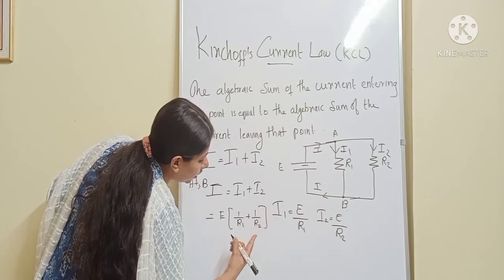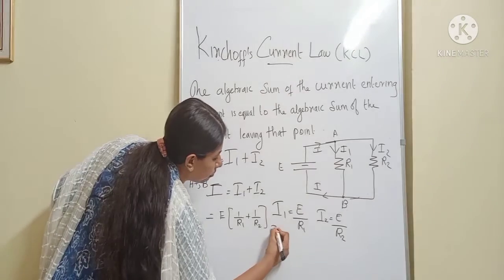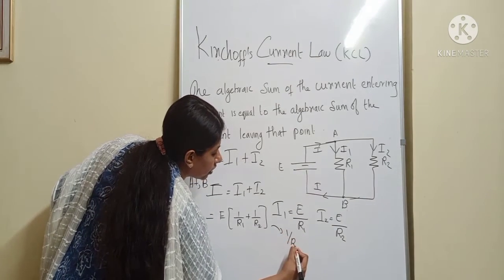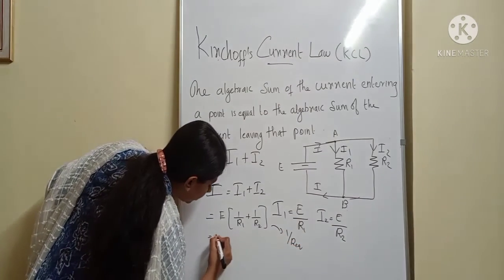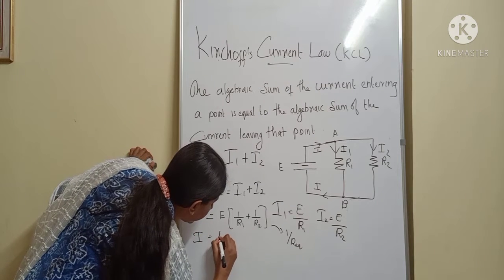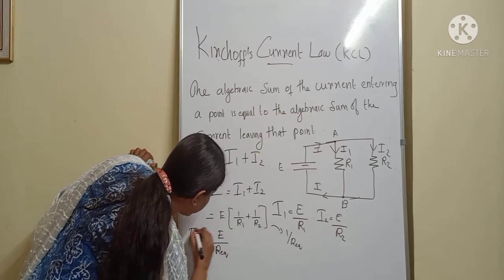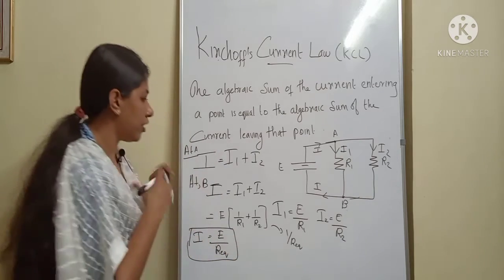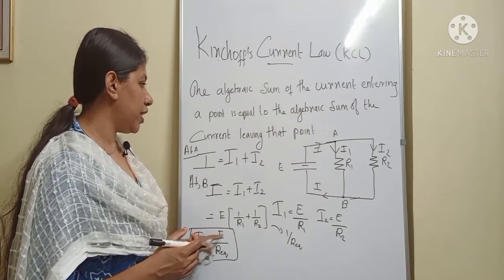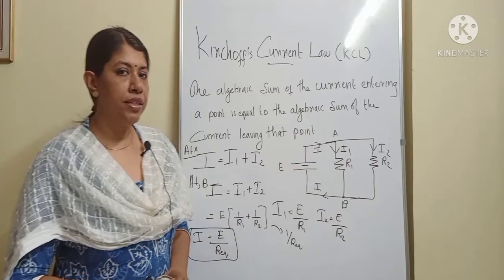You know that this is the expression for 1/R equivalent, so I is given by E/R equivalent. To find the total current of this circuit, you have to divide the voltage E by the equivalent resistance.